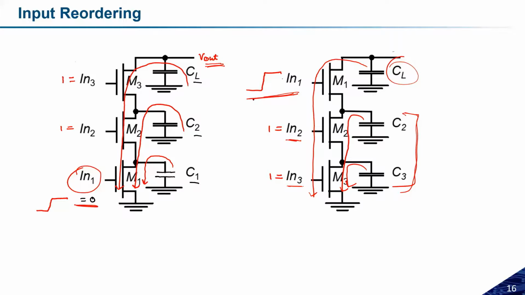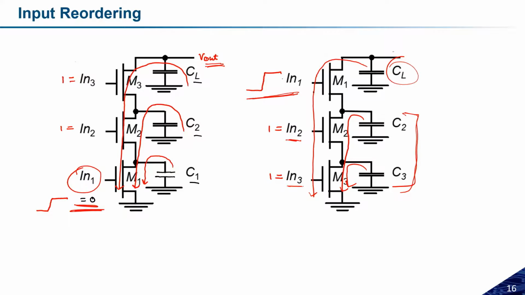Okay, so this is how input reordering is really very important to reduce the delay. I just mentioned one important term, which is the critical node or the critical input. The critical input is the input which decides the function or the logic change in a particular circuit. Like in this case, IN2 and IN3 are not the critical inputs, but IN1 is the critical input because the change in this input is deciding the output.